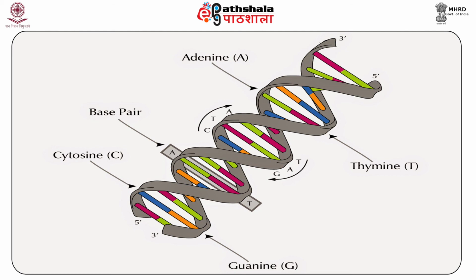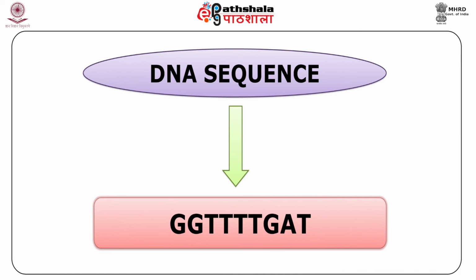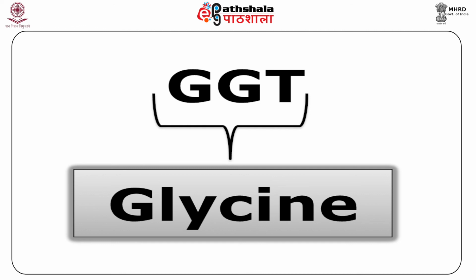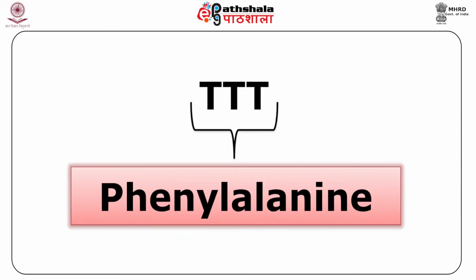Let us understand this concept with the help of an example. Let us consider the DNA sequence G G T T T T G A T. The sequence of bases GGT, wherever present in the chromosome, will code for the amino acid glycine, and TTT will code for the amino acid phenylalanine.